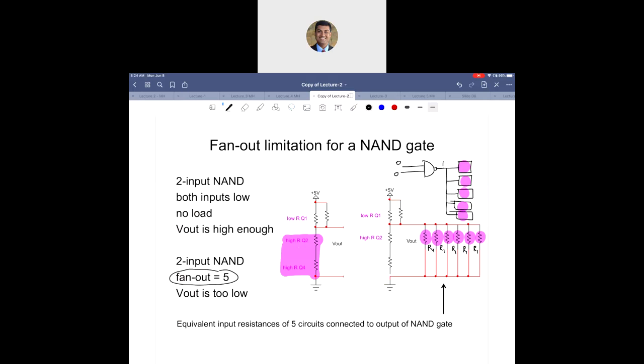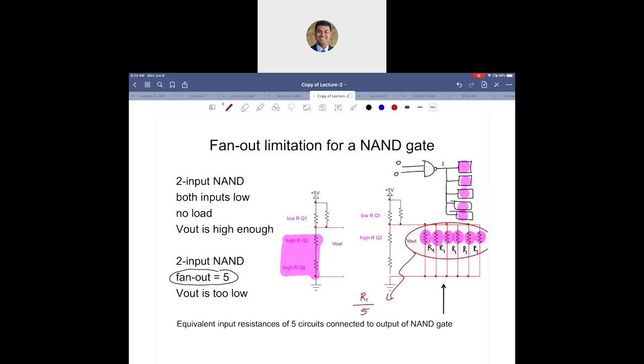If you have 5 outputs connected and they all have the same resistors R1, what is going to be the equivalent resistance of all those in parallel? Well, it will be R1 divided by 5. So the value has gone down by a factor of 5.